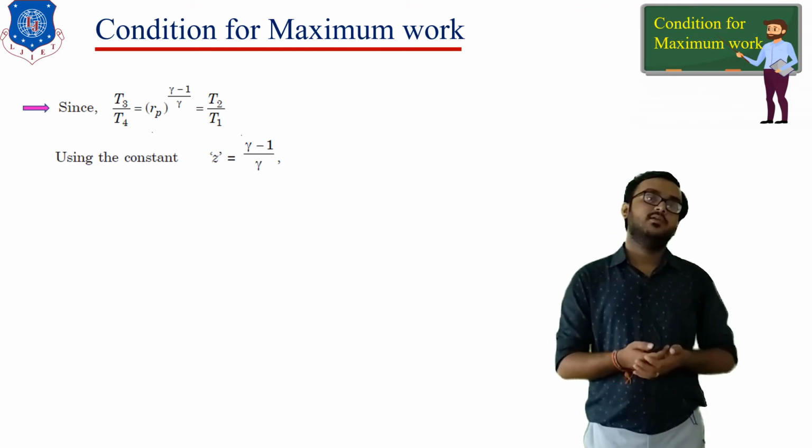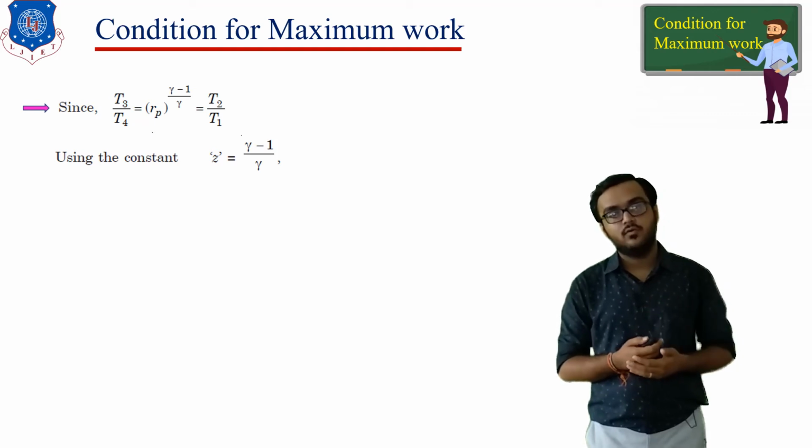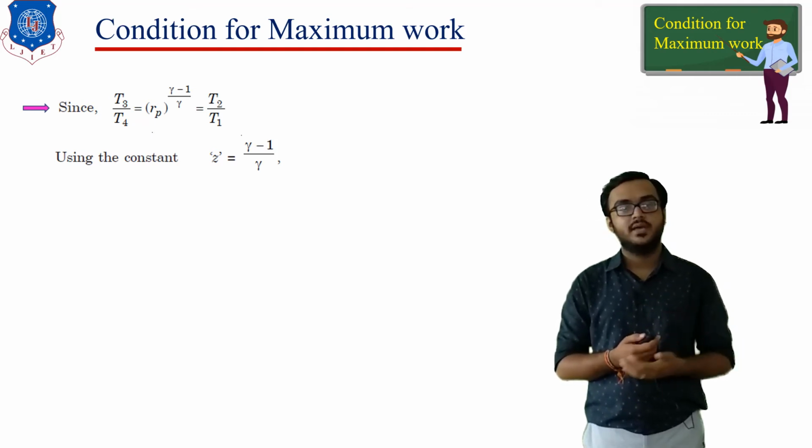From thermodynamics, we know that T2 by T1, or you can say T3 by T4, is equal to Rp raised to (gamma minus 1) upon gamma.